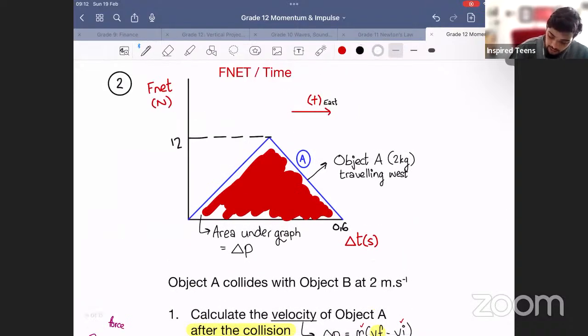Its perpendicular height can be noted from the apex of this triangle, and we know that value is 12. We also know that the base is 0.6.